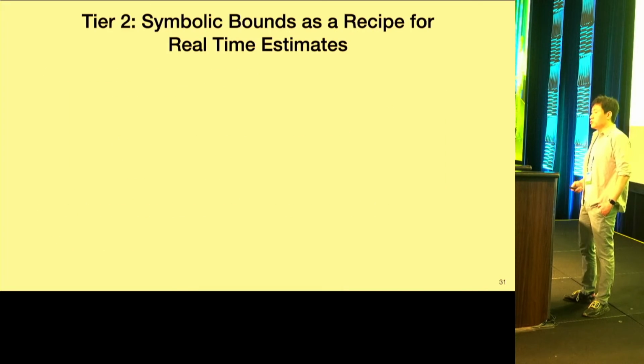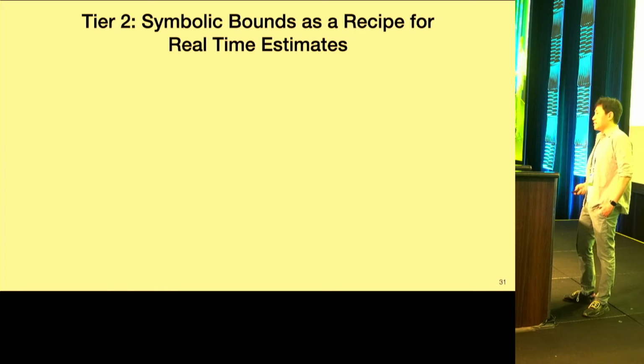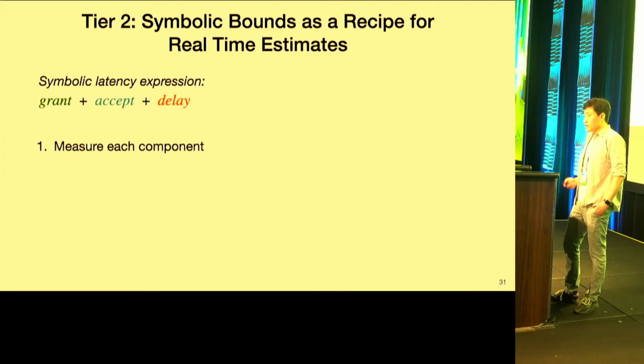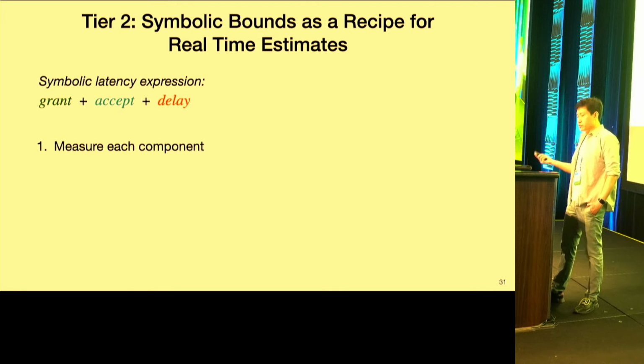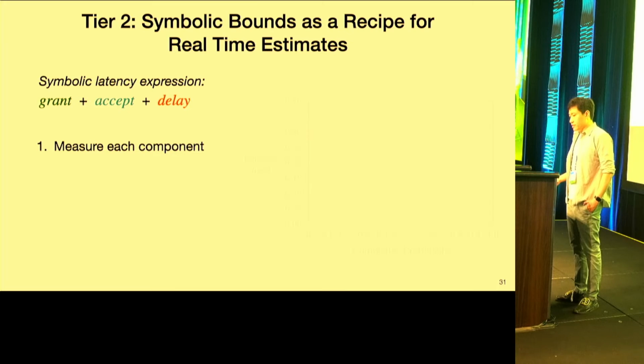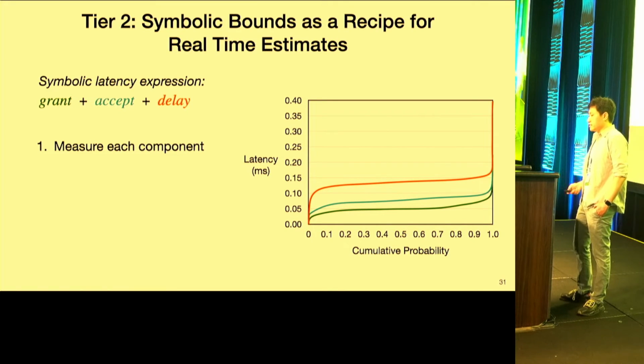It is a technique to convert the symbolic bound into a concrete real-time estimate. In Tier 2, we treat a symbolic bound as a formally derived recipe for computing an end-to-end estimate using just local measurements. Suppose this is the expression that we proved in Tier 1. First, we measure each individual component in some target environment. This gives us their empirical distributions representing the likelihood of the component executing within some amount of time.